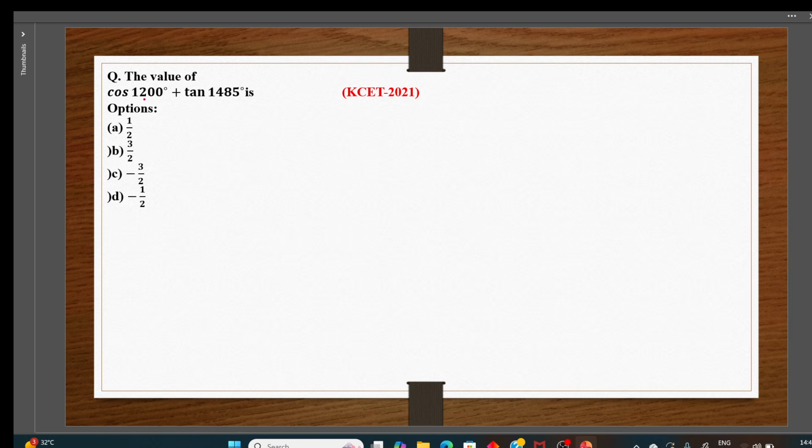The value of cos 1200 degrees plus tan 1485 degrees. First, 1200 degrees can be written as 3 into 360 degrees plus 120 degrees.